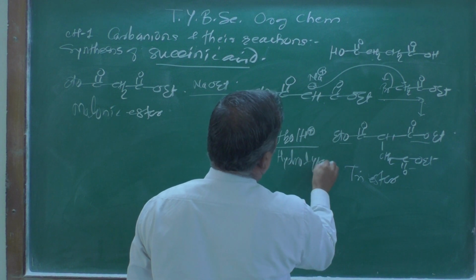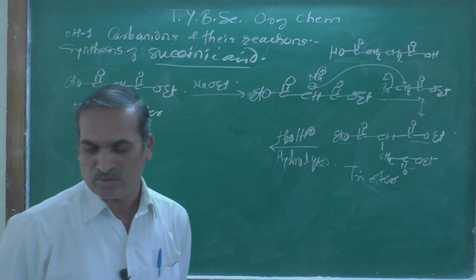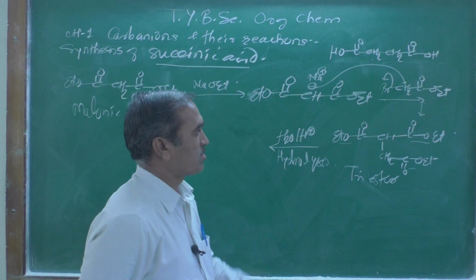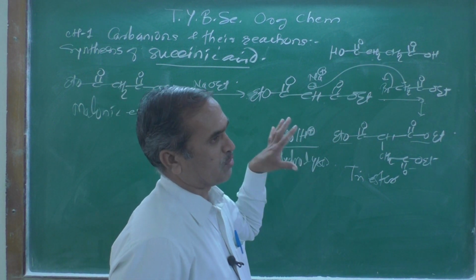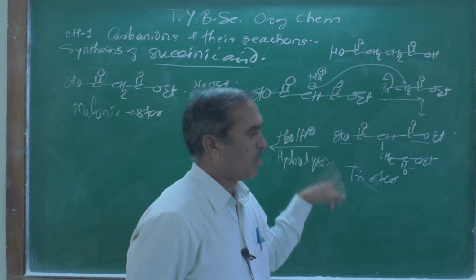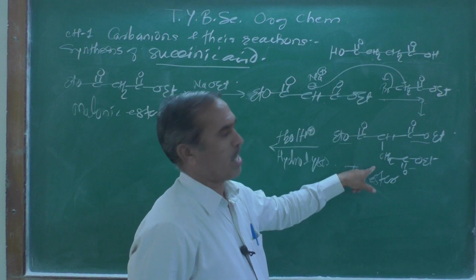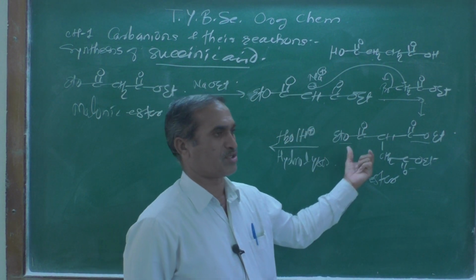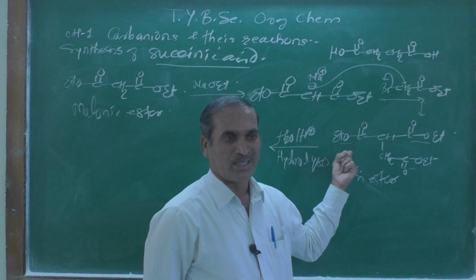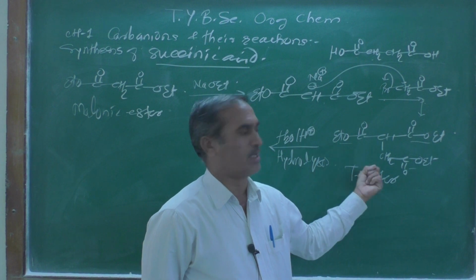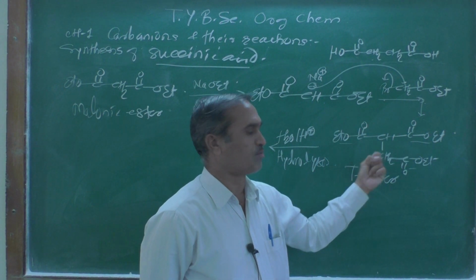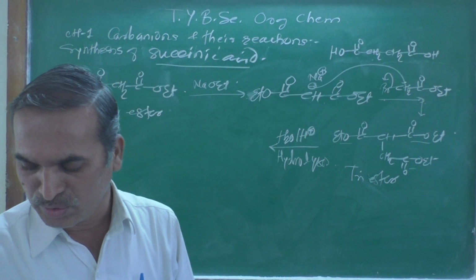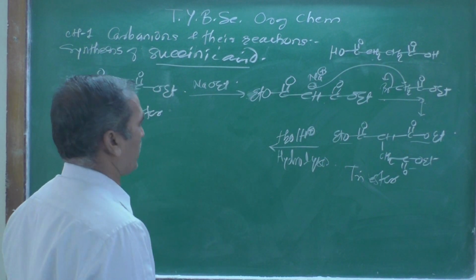What do you mean by hydrolysis? Hydrolysis is a process which converts an ester group into an acid. There are three ester groups; if you observe this structure carefully, you will see all three get converted into acids.